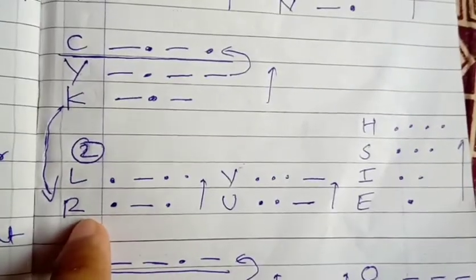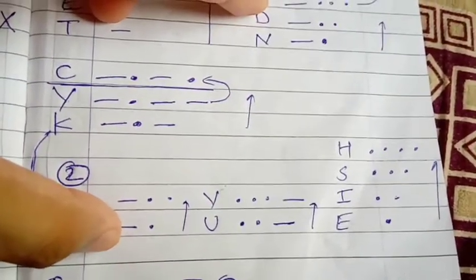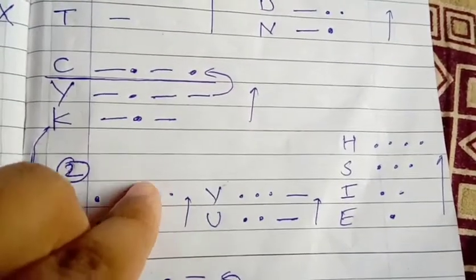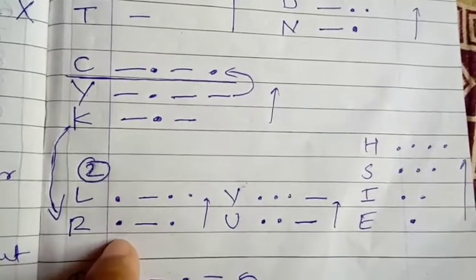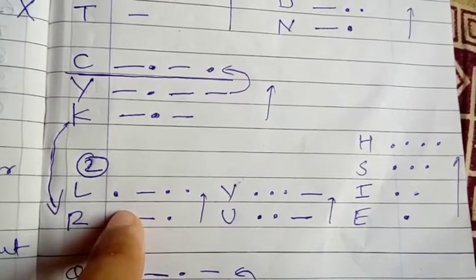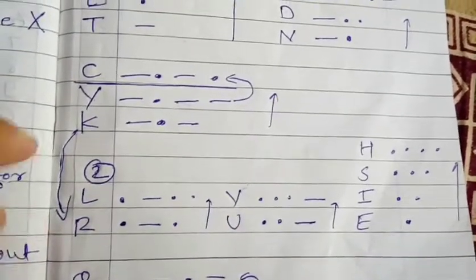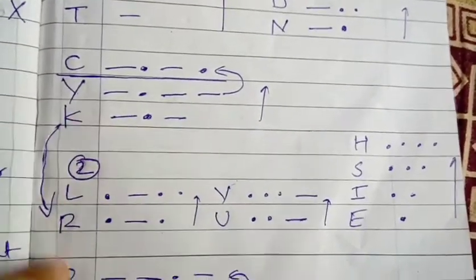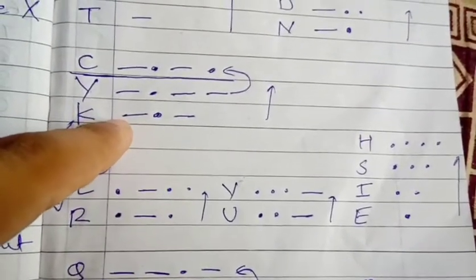Let's see R and L, bottom up approach and one step increase. R means dot dash dot, L means dot dash dot dot. You can see similarity between K and R, just flip dot and dash.